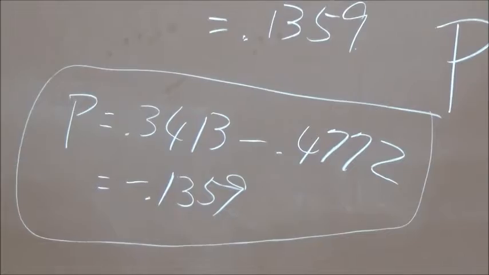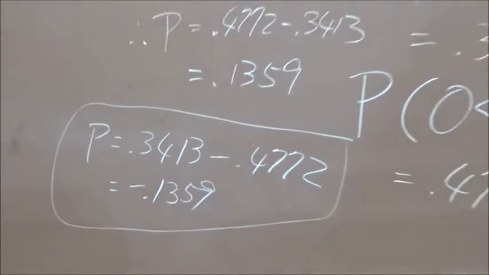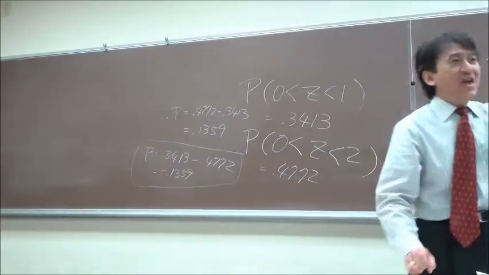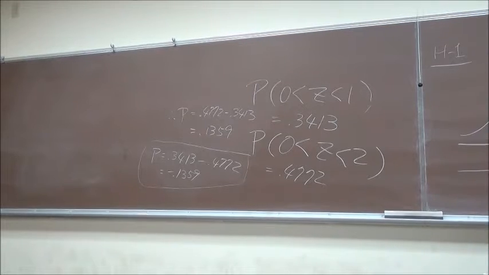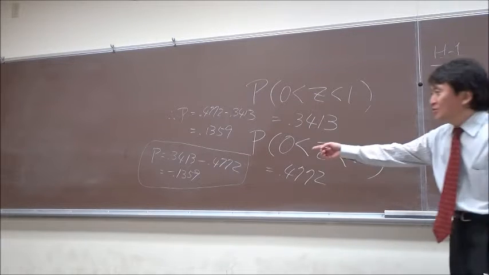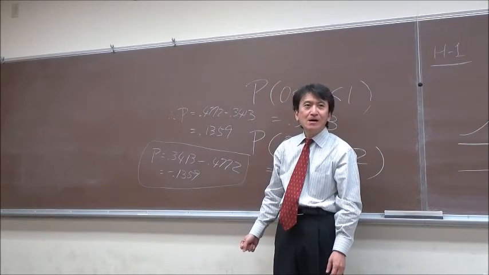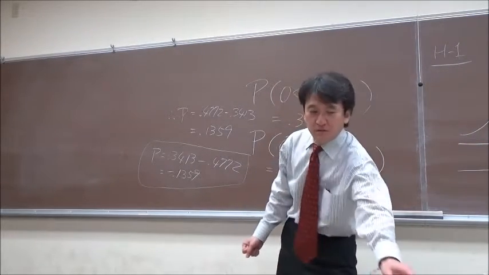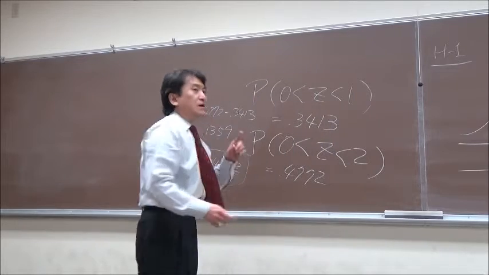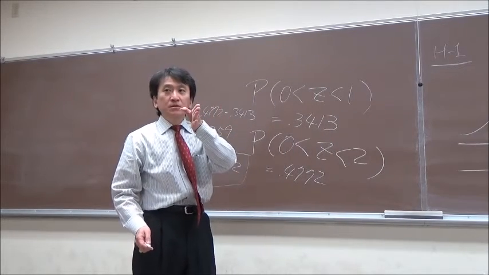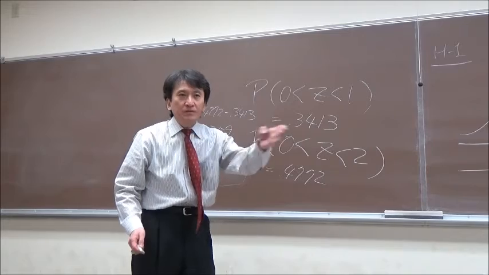Exactly. Probability is never negative. Excellent. Probabilities will never become negative, right? Then you obviously made a mistake here, right? With me so far? That's excellent, because z-scores can be negative.